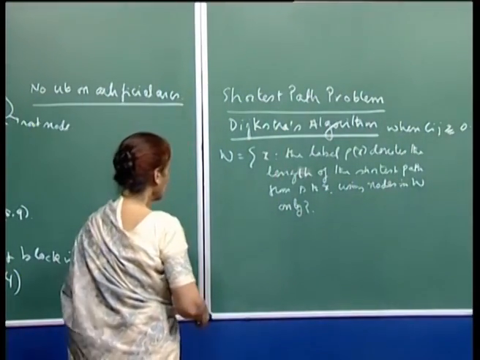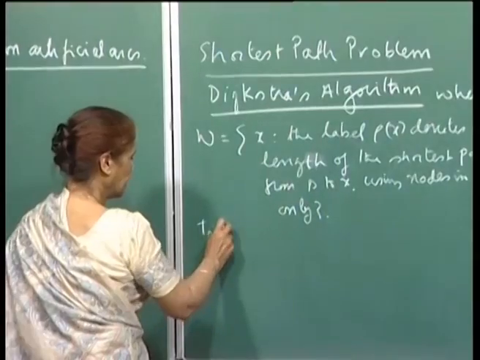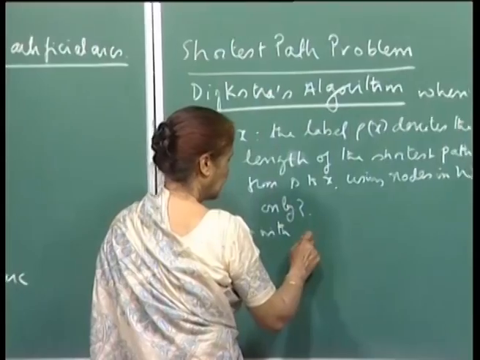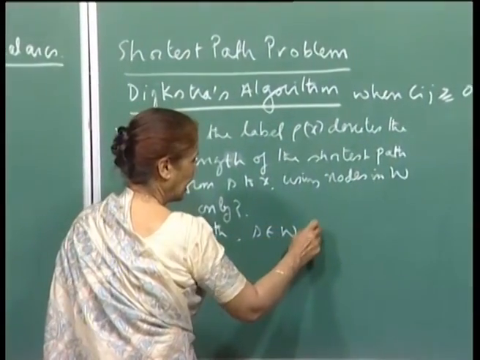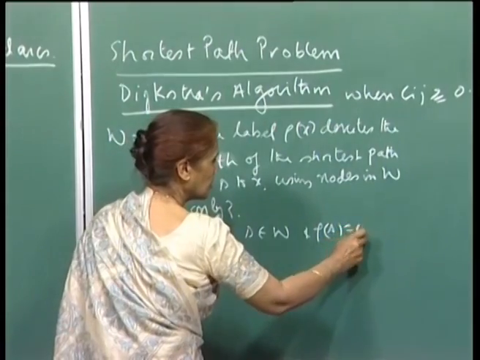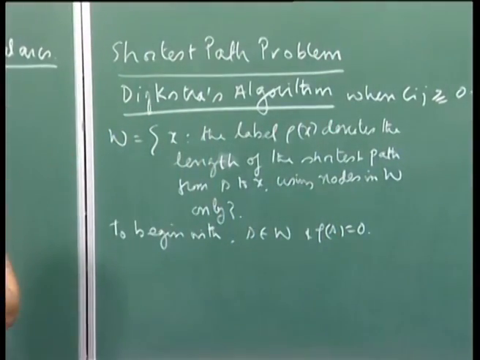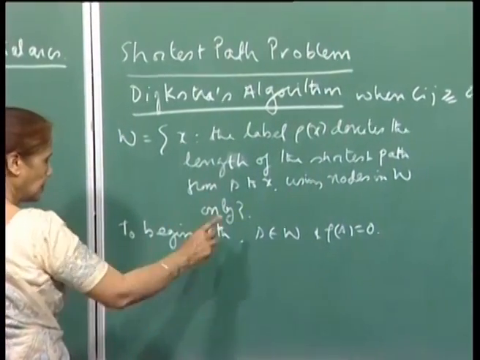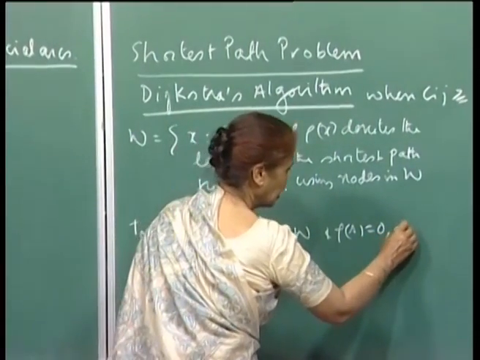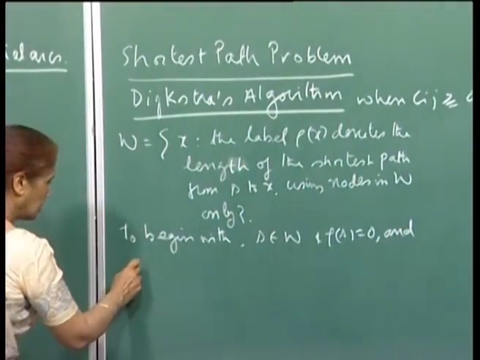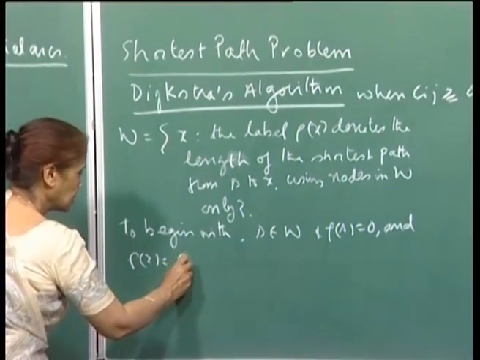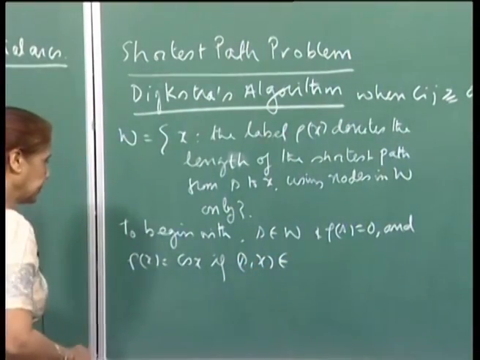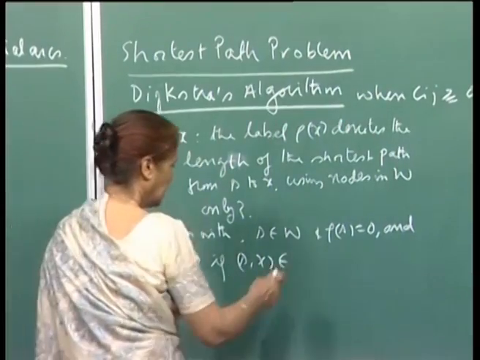So, how do I do it? To begin with, S belongs to W and rho S is 0, because that is the starting node. Then rho X is equal to C S X if S X belongs to your arc set.